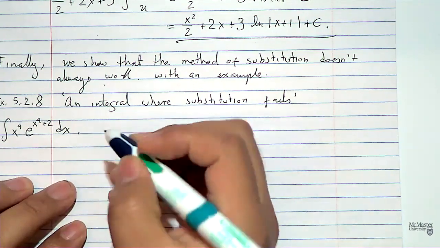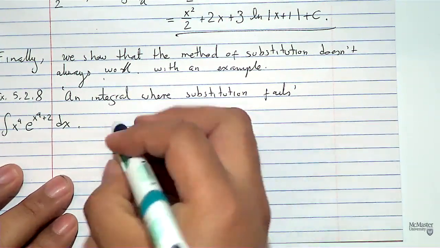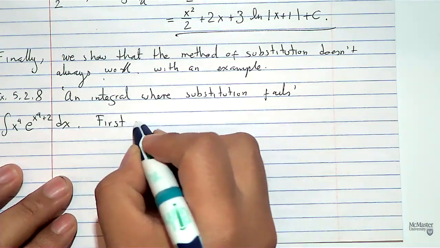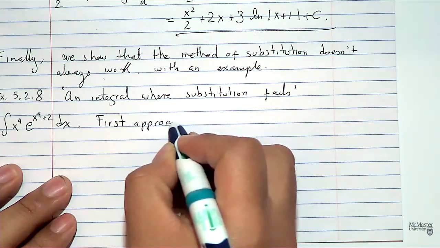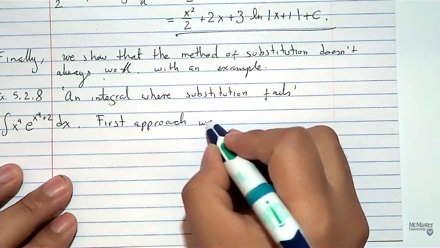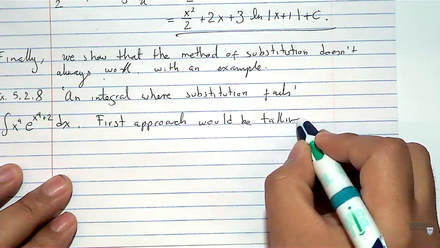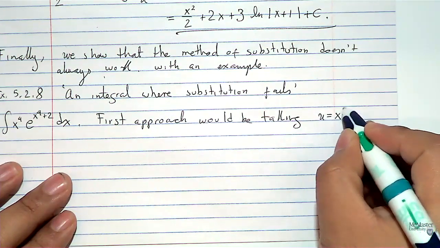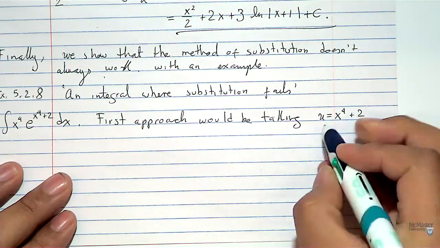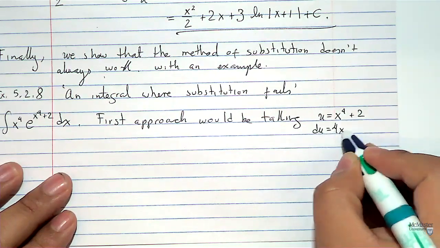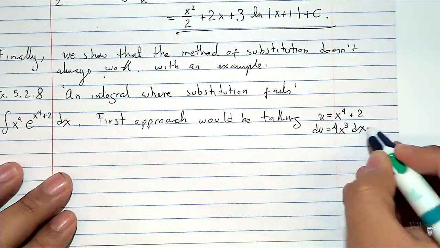Now, let's try to do it to see why it doesn't work. The first approach, the naive approach, would be to take u equal to x to the fourth power plus 2, where you have the u equal for x cubed dx.